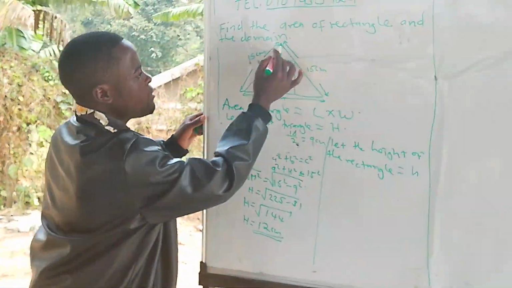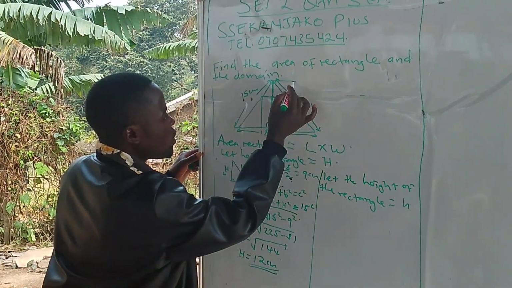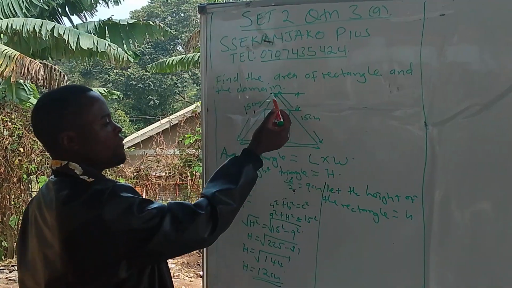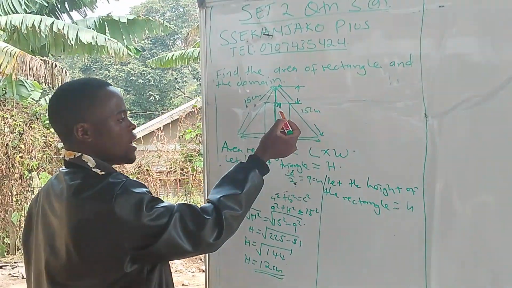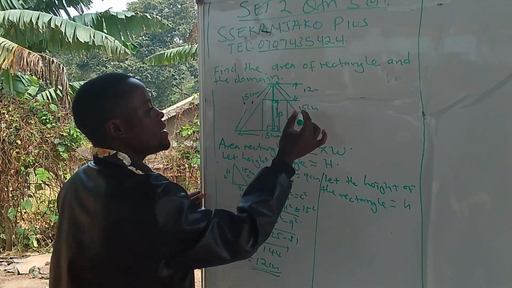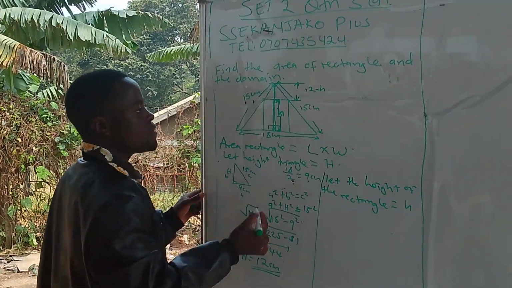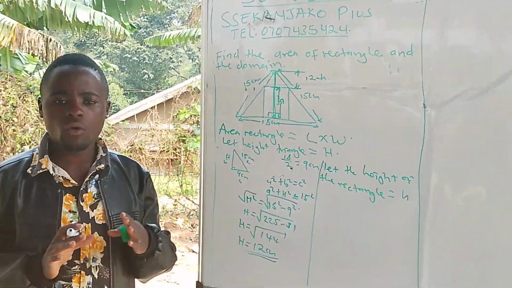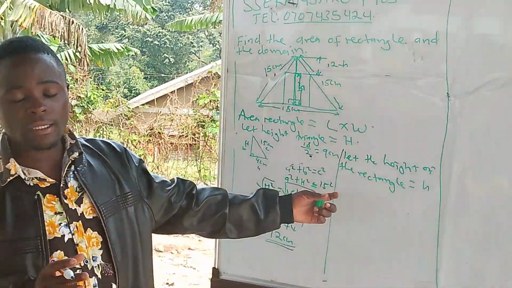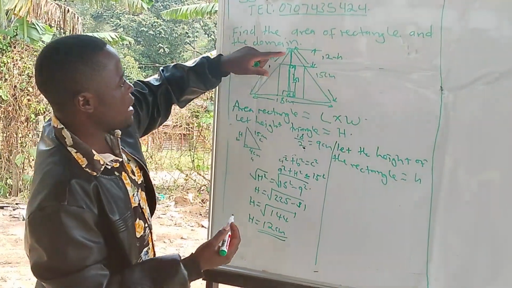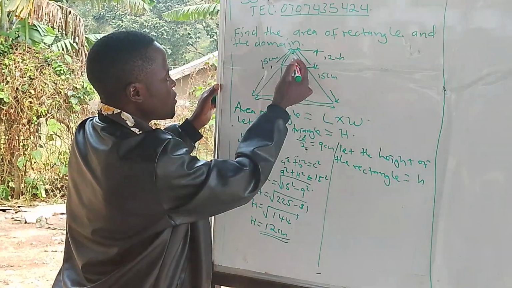Now I'm remaining with this part. I have the whole height, so this part will be 12 minus h. From there we are going to call on similarities.